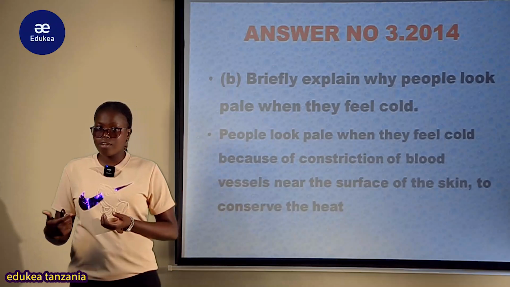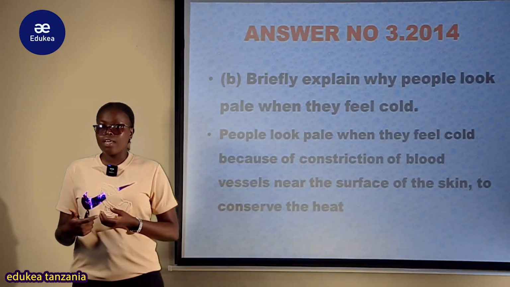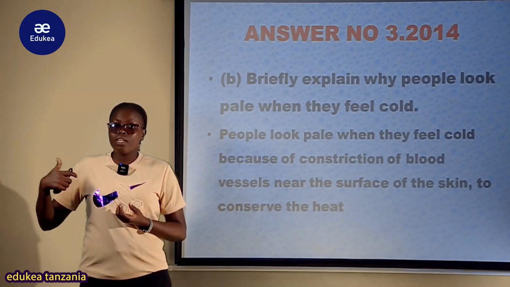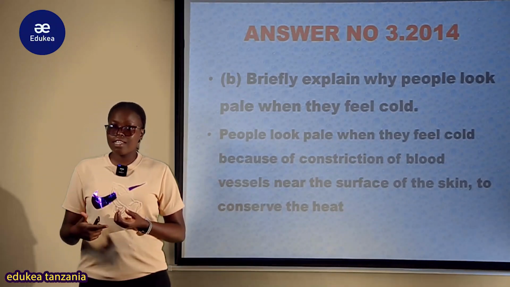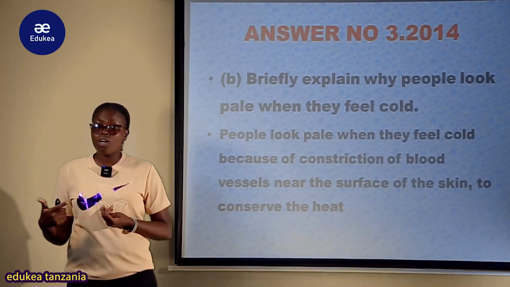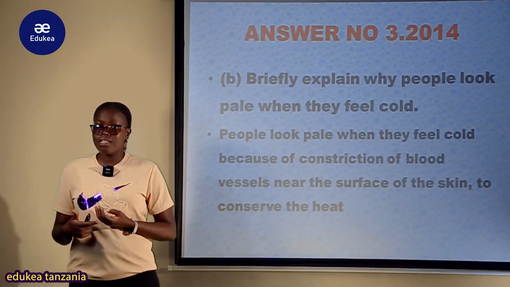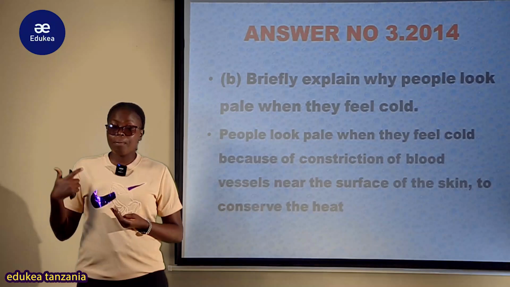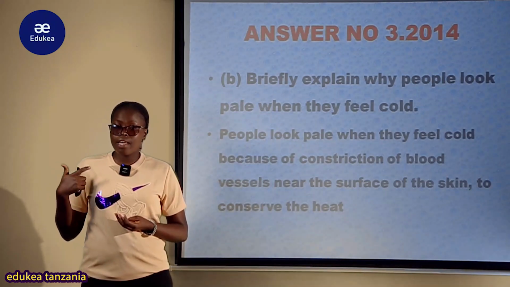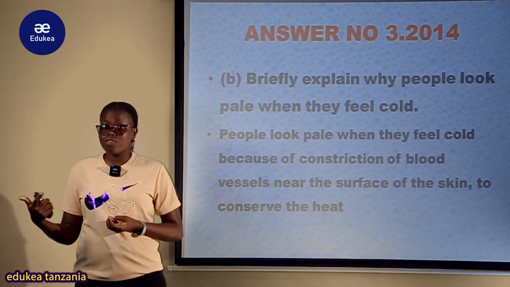These superficial arterioles tend to constrict and therefore reduce the rate of blood flow under the skin, and the blood tends to flow deep under the skin as a mechanism of conserving heat, to ensure that the heat is not lost to the surrounding environment.